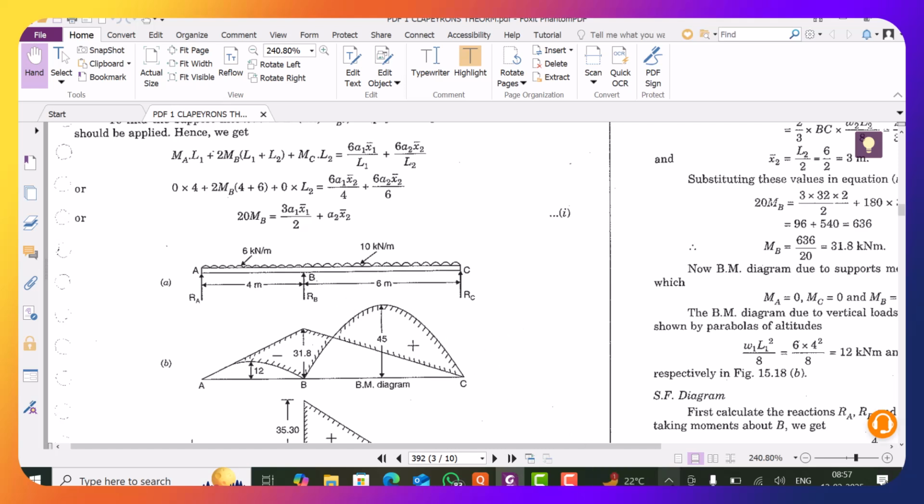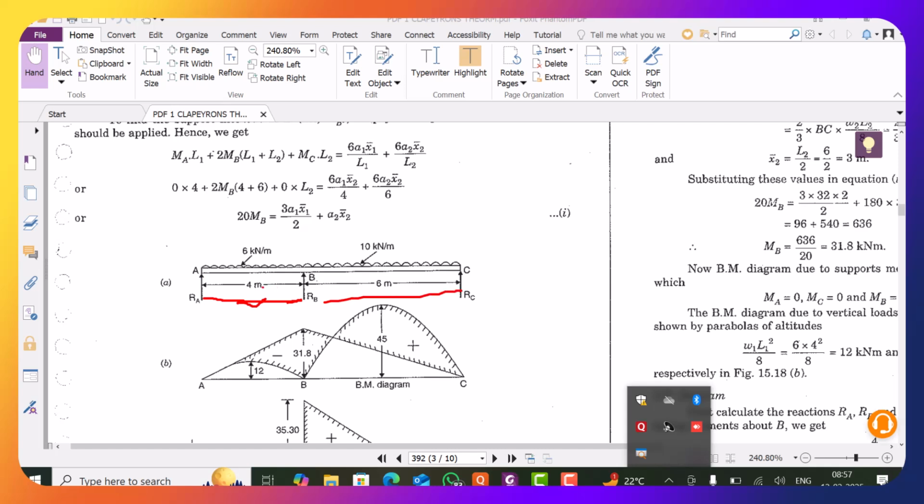So let us take a simple example of a continuous beam. This is continuous beam ABC with two spans. This is span 1 and this is span 2.